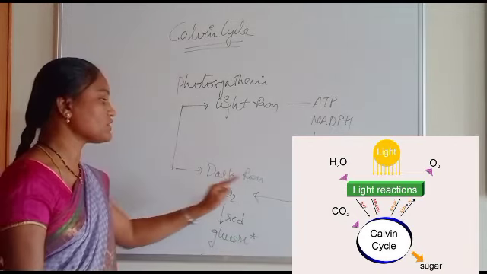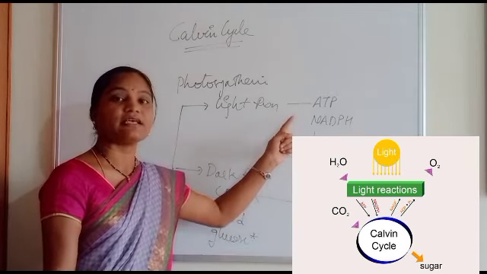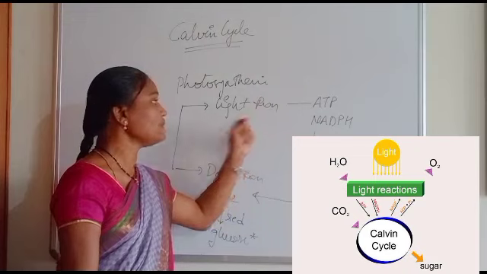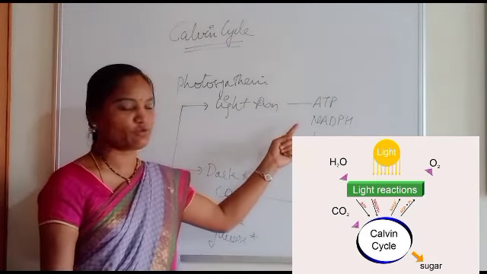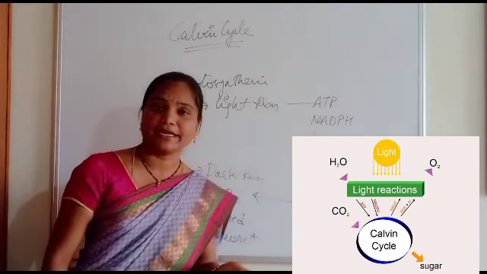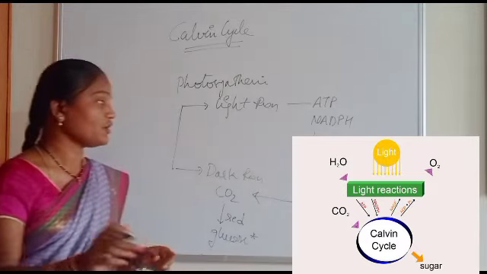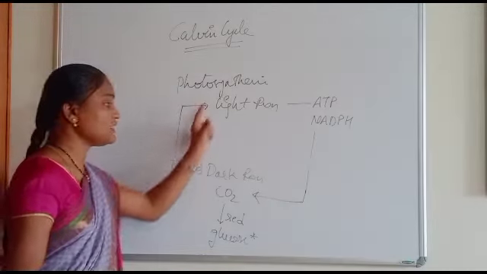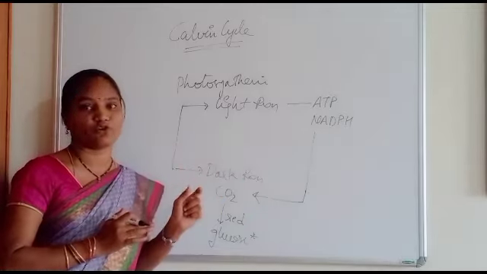So carbon dioxide gets reduced with the help of ATP and NADPH synthesized during the light reaction. This is the overall framework for photosynthesis.